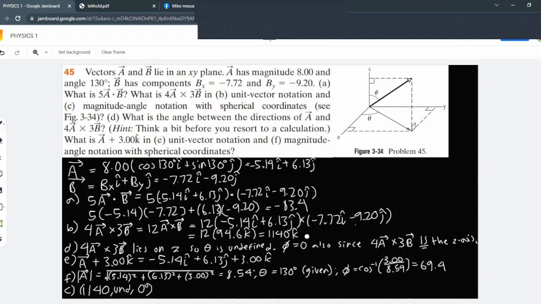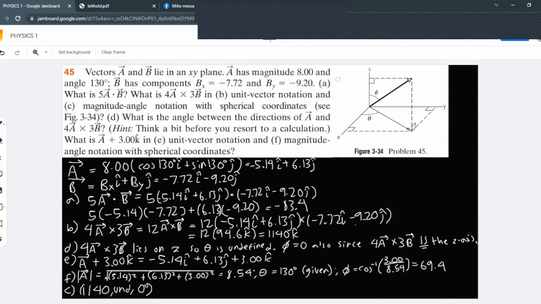It's in the K direction, right? Yes. A is on the XY plane. How do you do the dot product? Component by component multiplication. So, what is the I component of 4A cross 3B? 0.